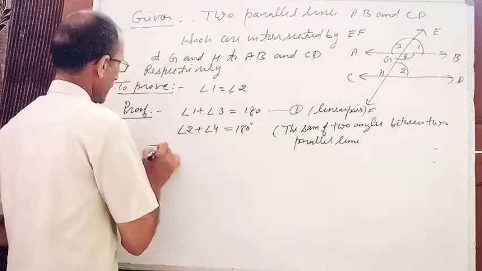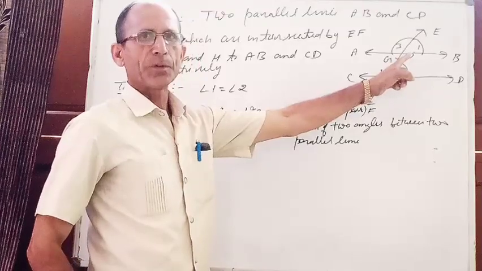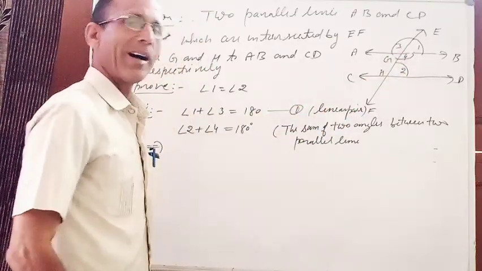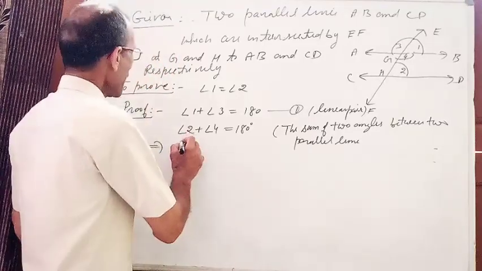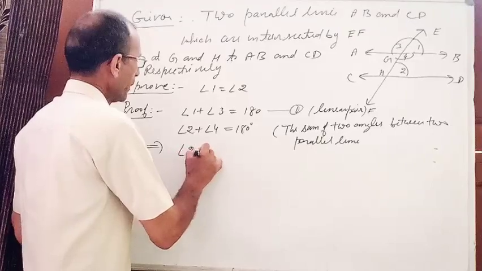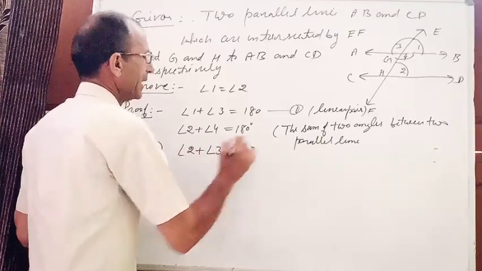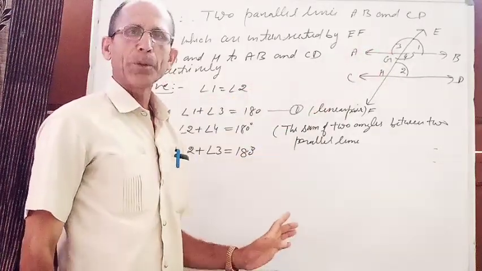Now, yesterday I proved one theorem: vertically opposite angles are equal. So 3 and 4 are equal. So if I write angle 2 plus angle 3 is equal to 180 degrees, it is because angle 3 is equal to angle 4.